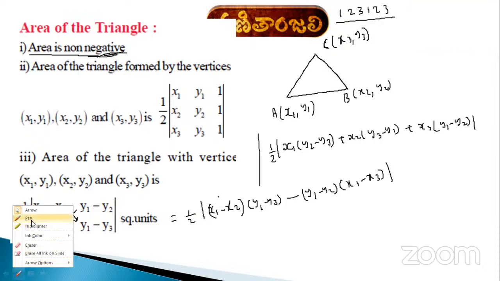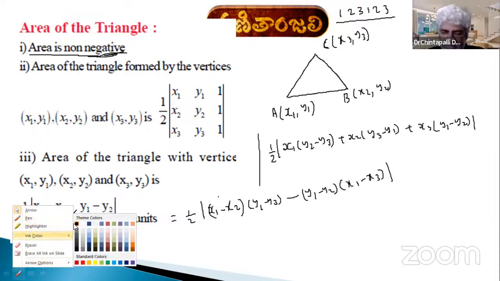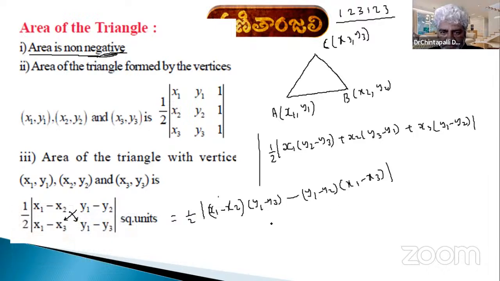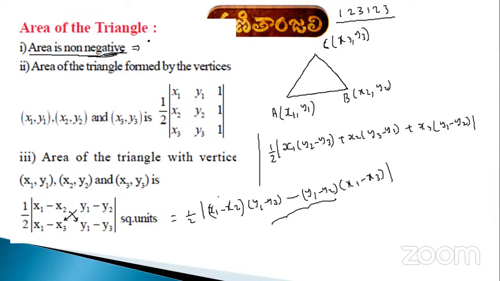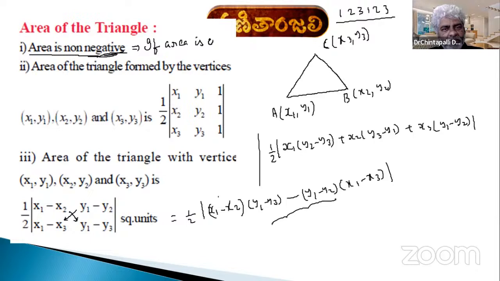The main point in this area concept is that area is non-negative. If the area is 0, then the points are collinear.